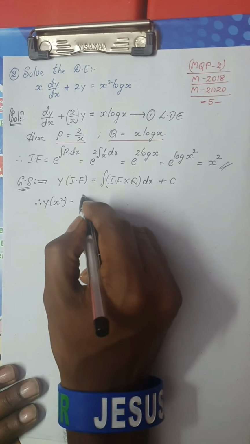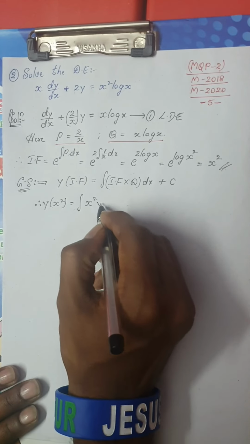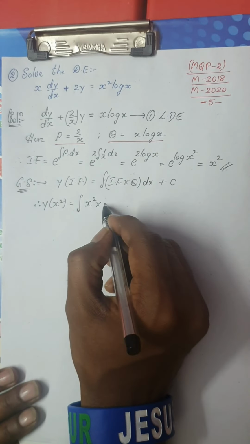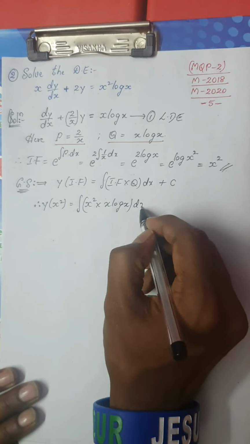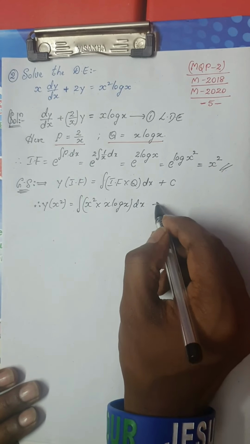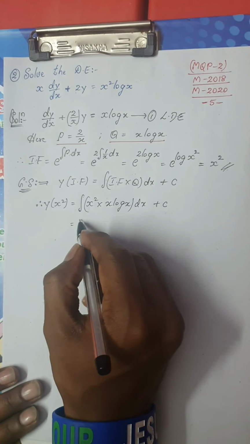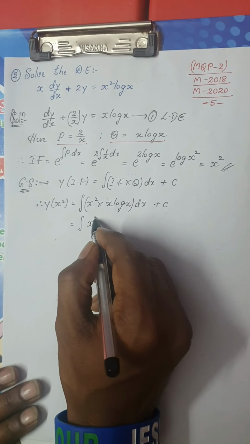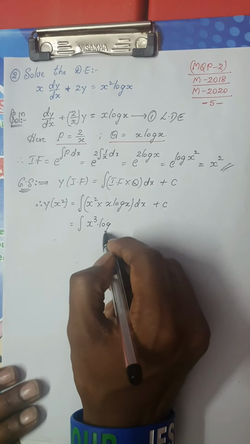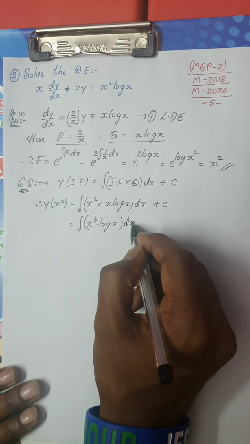This would be nothing but integral of x square into q, which is x log x, dx, plus c. Now this is nothing but integral of x square into x, which is x cube log x dx.